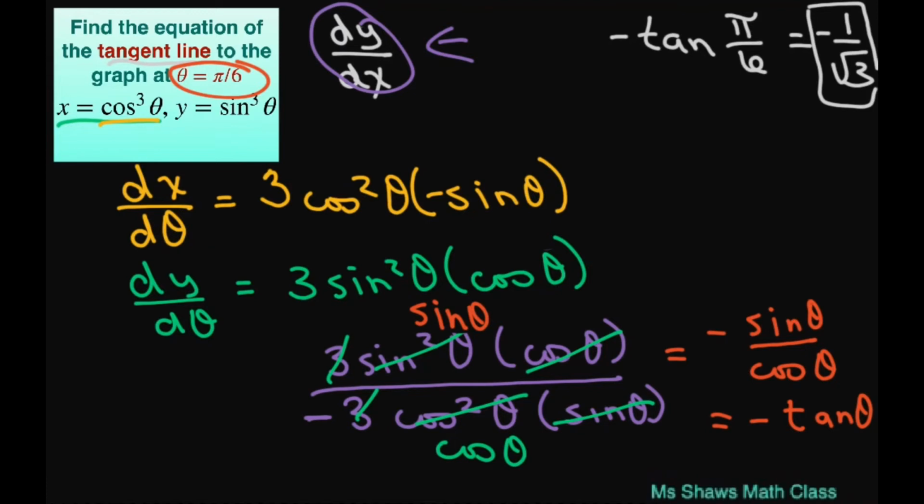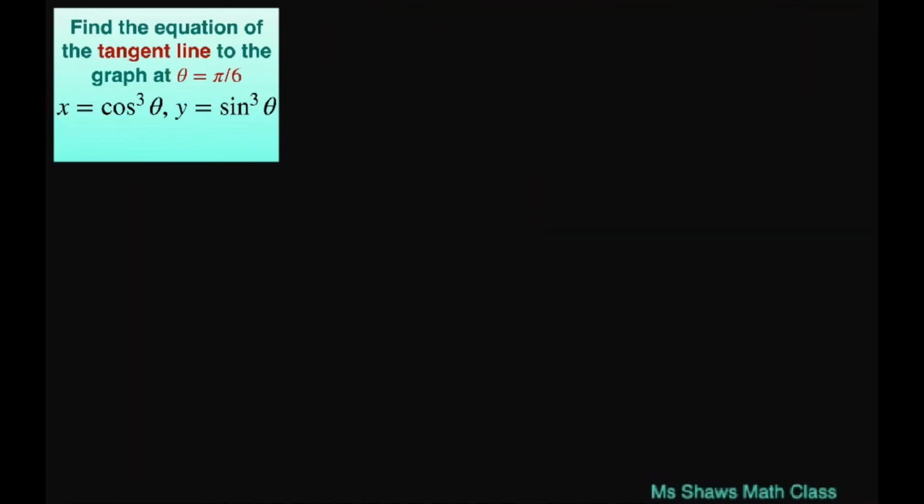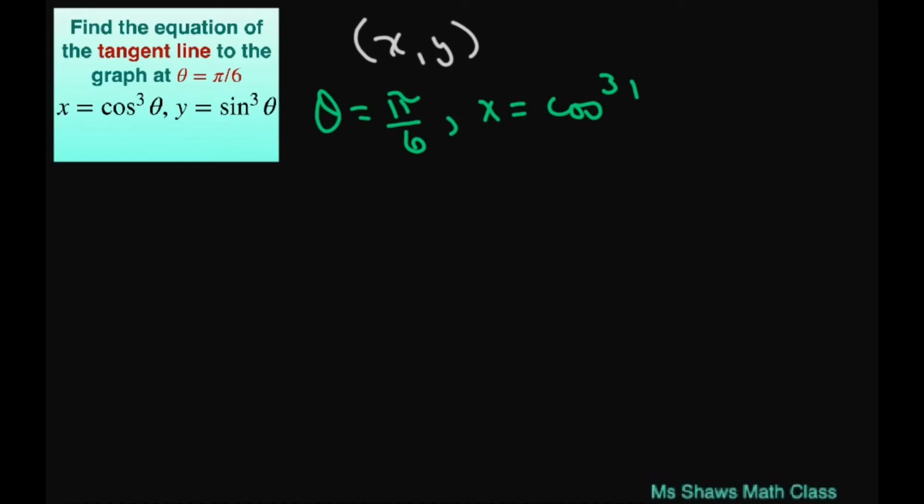Now we're going to have to find our points as well. So at pi divided by 6, we're going to have to find our x comma y. So at theta equals pi divided by 6, we're going to have x equals cosine cubed of pi divided by 6, and that's going to equal square root of 3 divided by 2 cubed.